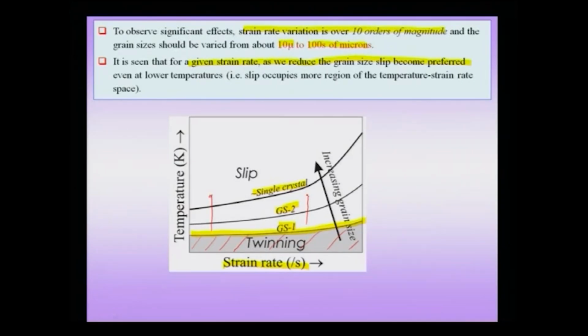In other words, suppose I am operating at a certain strain rate, which could be for instance 10 power 2 or 10 power minus 2, and I heat the crystal. Then I would observe that when I cross this line, the mechanism changes from twinning to slip. That means at higher temperatures you observe slip, at lower temperatures you observe twinning.